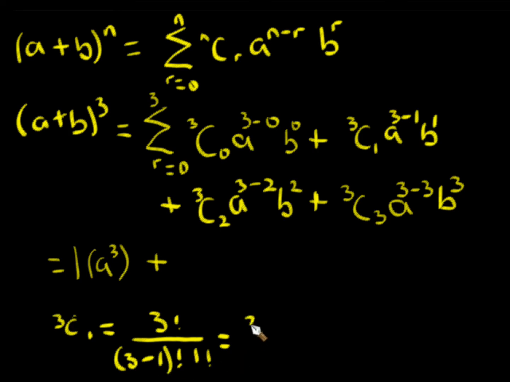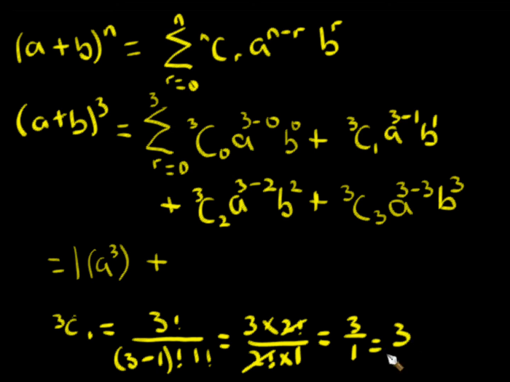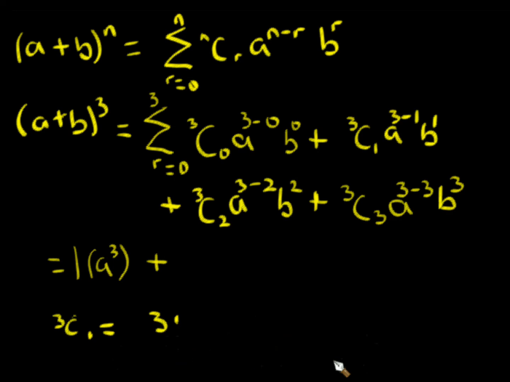So this gives us 3 multiplied by 2 factorial divided by 2 factorial times 1 factorial, which gives us 1, right? So this gives us 3 over 1, giving us 3. So 3 combination 1 is 3.